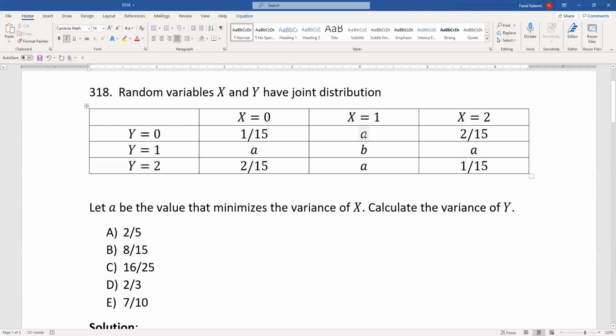So the 0, 1 probability is the same as the 1, 0 probability. And similarly, you can check every ordered pair. If you reverse the ordered pair, the probability value is exactly the same.